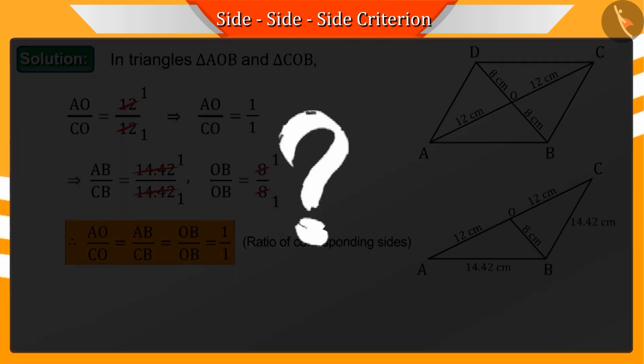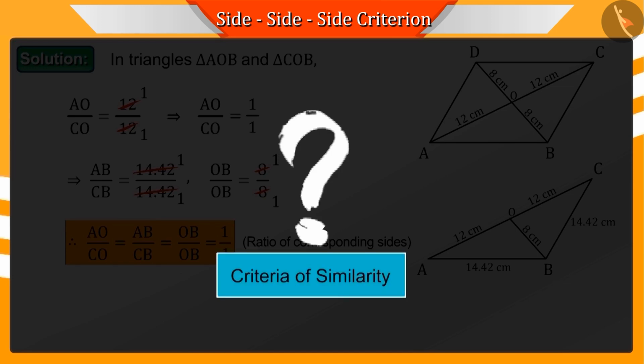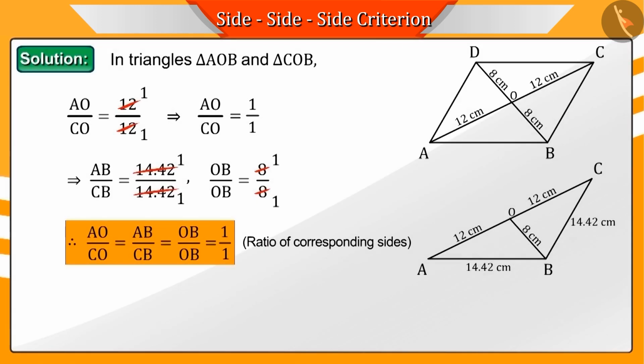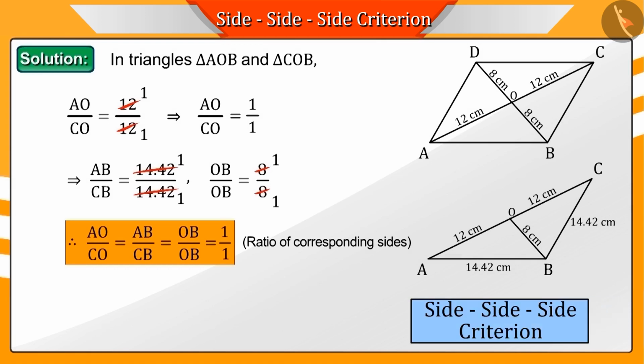Can you tell which criteria of similarity is shown by this? Correct. This represents the SSS criteria. Therefore, we can say that triangle AOB and COB are similar.